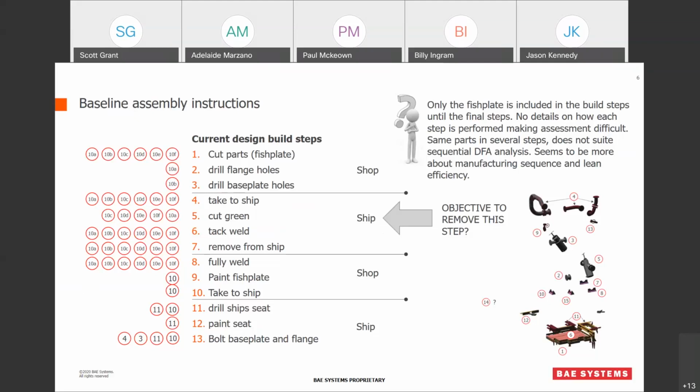Not even sure I know that yet, but I'm assuming that is the case, because nine times out of ten it would be. Because I guess you'll need those in place to know how much green to take off the fish plate to get it to fit and nest in. Yep. So I suppose you could start almost making up your own sequence, but how close to reality do you want it to be?